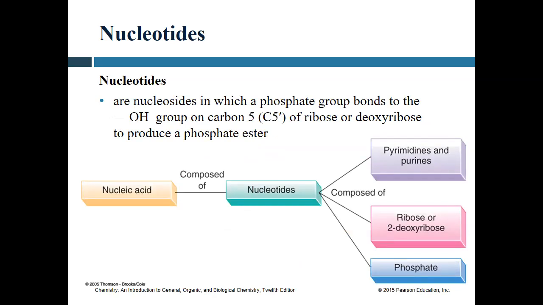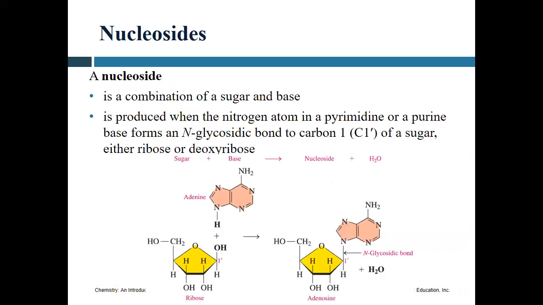So a nucleotide takes that nucleoside, which again was the combination of the sugar and the base, and now we attach that phosphate group to it. And the phosphate group always attaches to this fifth carbon that's standing up on top of the ring.